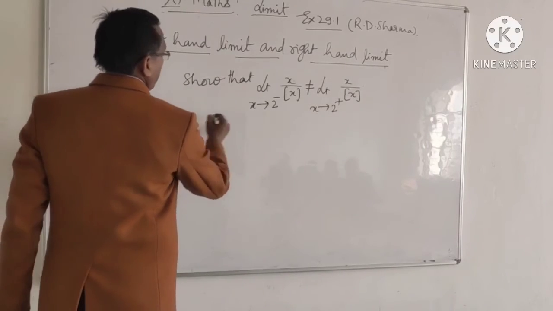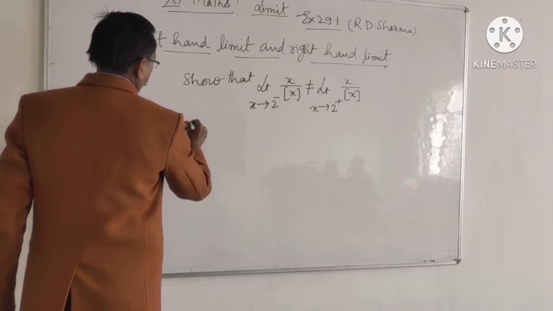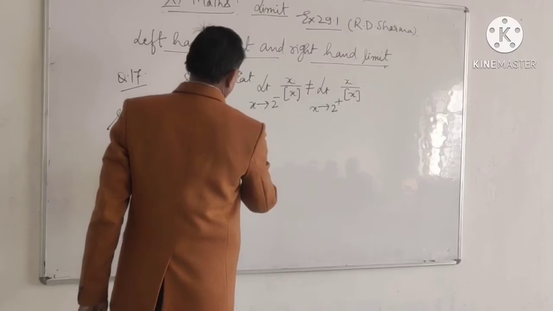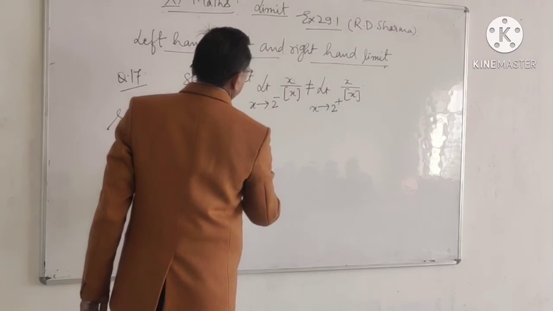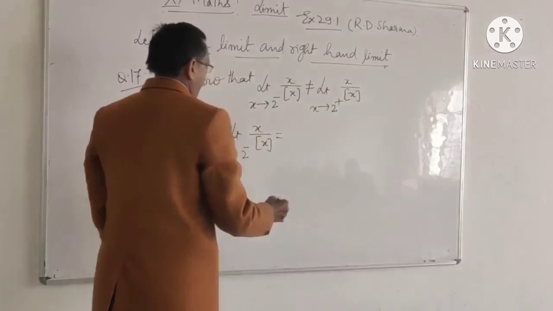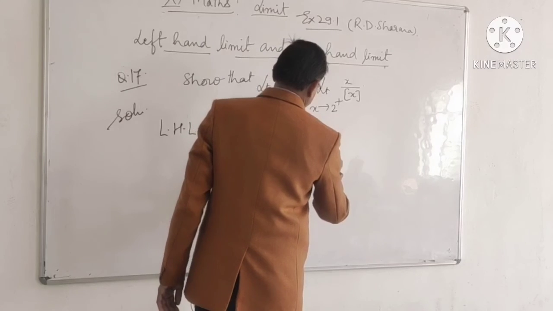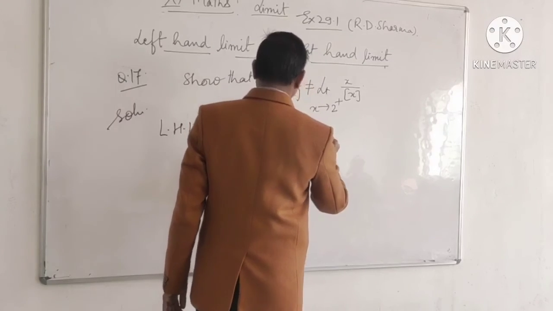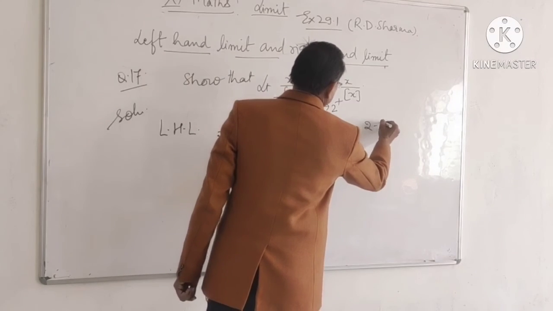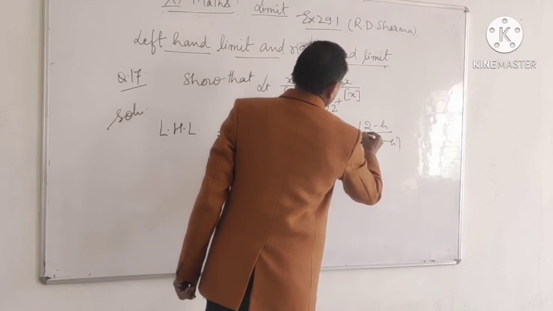Now we will take the left hand side. First we find the left hand limit. Left hand limit is limit x tends to 2 minus of x upon greater integer function x. It means it is limit x tends to 2 minus h, h tends to 0, of x upon greater integer function x. It is 2 minus h upon the greater integer of 2 minus h, h tends to 0.